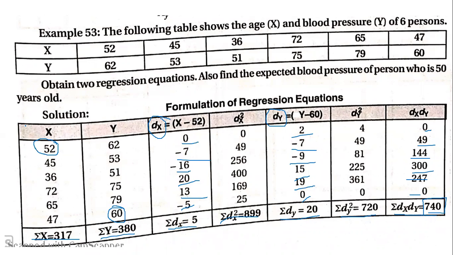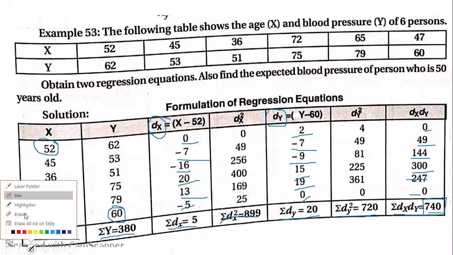Any doubts in the table calculation? Any part you want me to teach once again? Any doubts here? Okay, good. So let us go to the next, that is formula calculation.